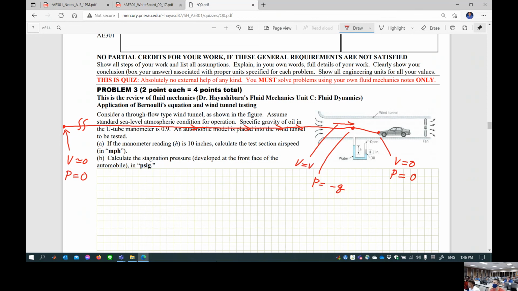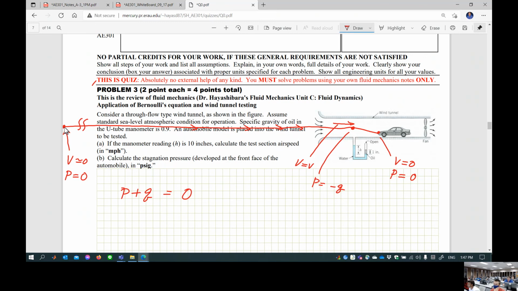Why is that? You guys think about it. You're applying Bernoulli's equation along a given streamline to figure out the static pressure at each location based on the velocity. If the velocity is 0, static pressure is 0, total pressure is 0. In other words, P plus Q is 0. P is static pressure, Q is dynamic pressure, and if you add them together, it must always be 0 along this streamline.